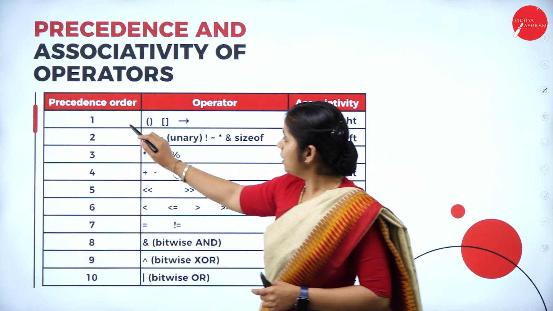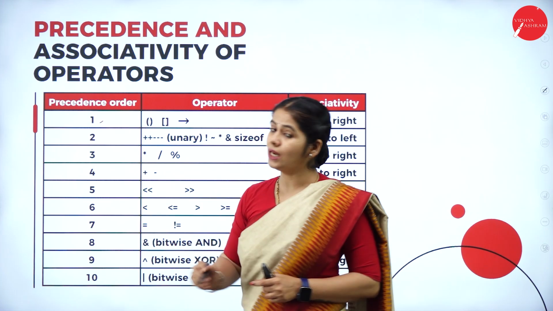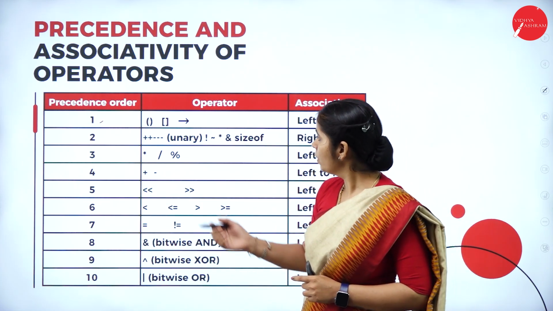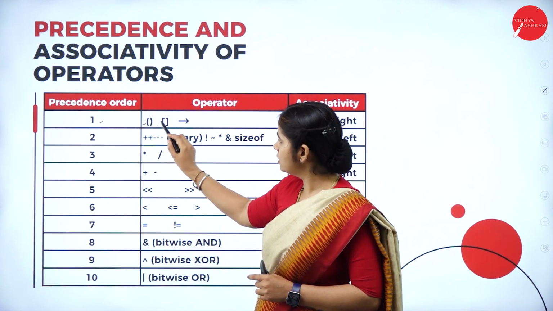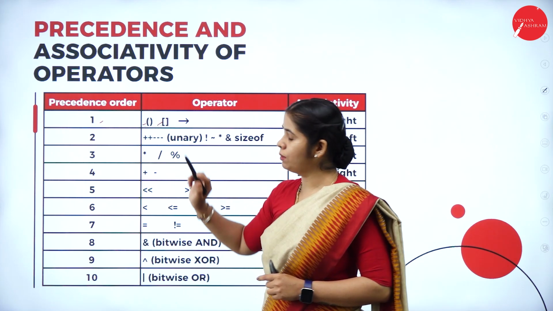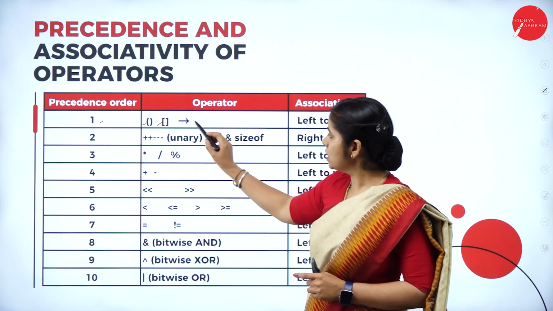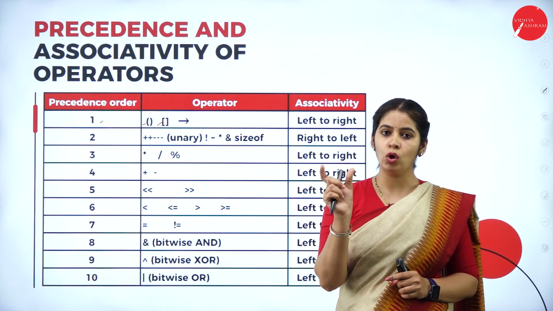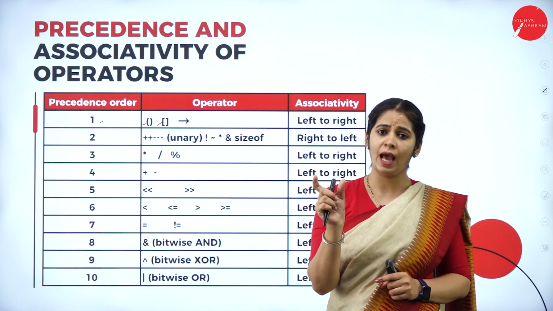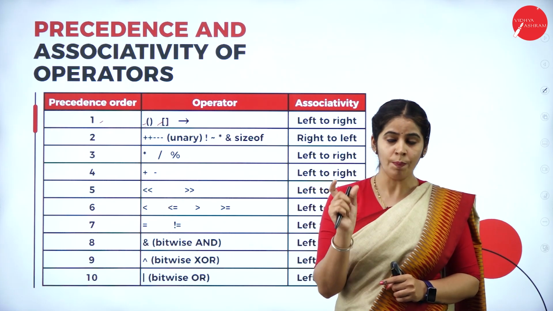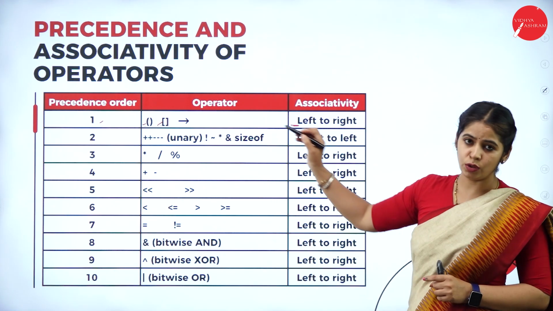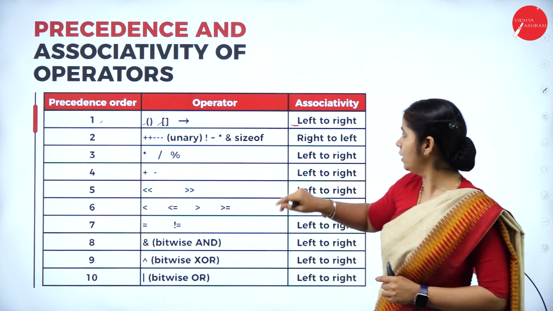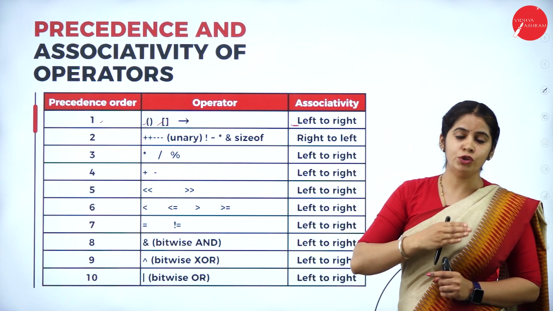So here in the precedence order, the first is the highest precedence value. There we have braces. It may be the simple brace, it may be the square brace. Braces have the most priority. Whatever expression is enclosed within the braces has to be evaluated first. The associativity of that operator is from left to right.